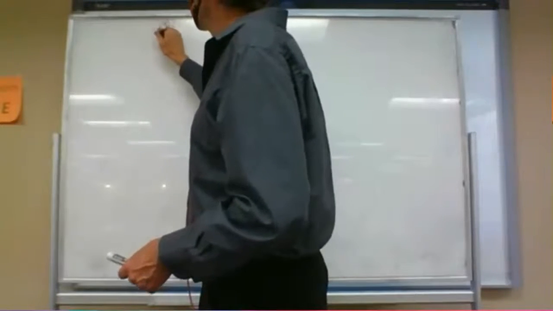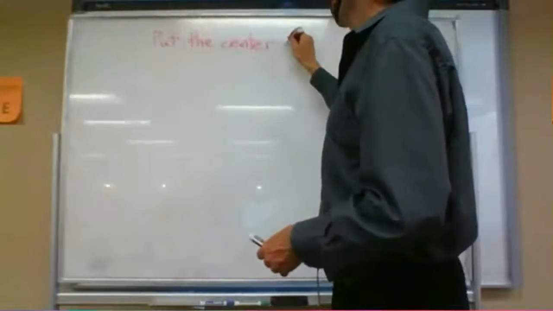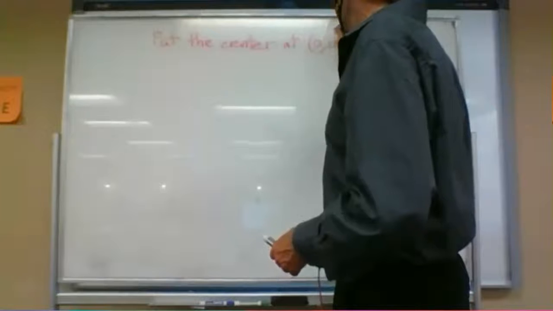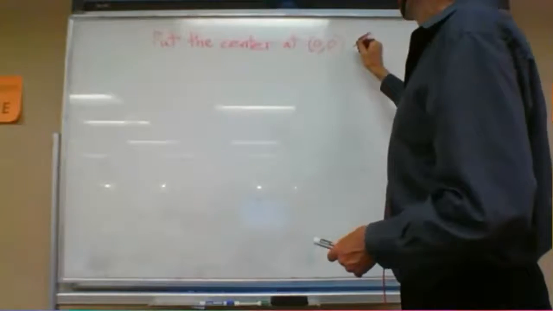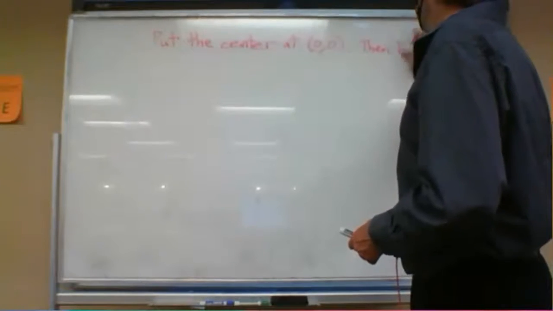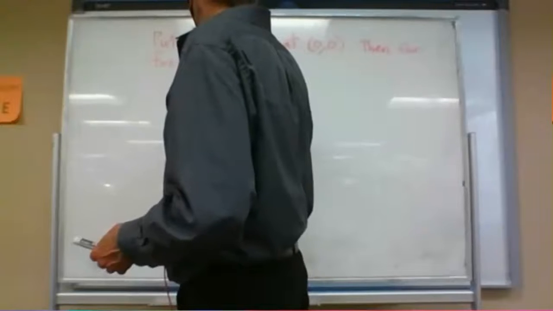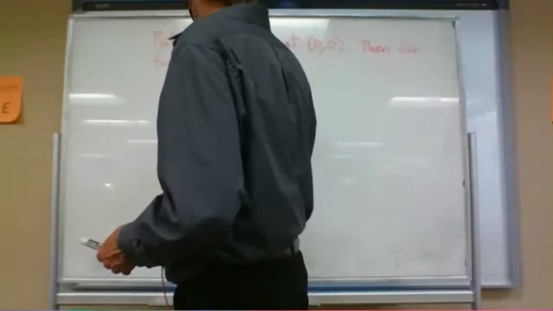Let's put the center of the ellipse, an oval shape that's symmetric, at the origin for simplicity. Then the foci have to be equidistant on each side to have the center at the origin, so the foci will be (c, 0) and (-c, 0) for some positive number c.